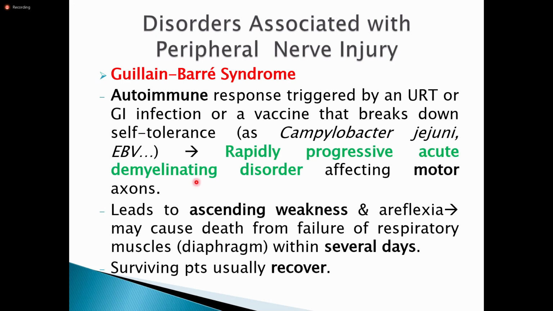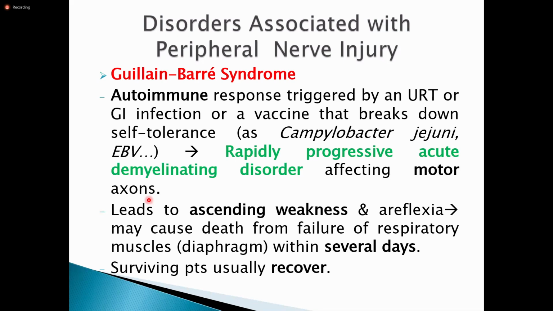It leads to a rapidly progressive acute demyelinating disorder affecting the motor axons. It targets the motor axons mainly, so they have paralysis, ascending weakness. Sometimes this progressive disease might lead to death. There can be involvement of the respiratory muscles, which leads to death within several days.